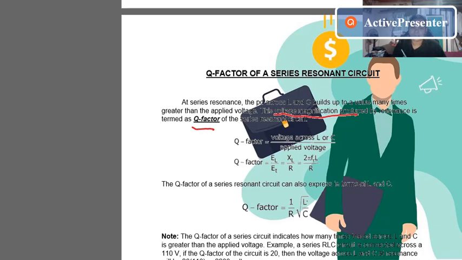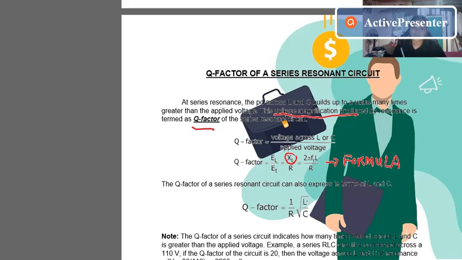To simplify, Q factor is equal to EL divided by ET, or XL divided by R, or is equal to, since XL as we all know from our last topic is 2 pi FRL, 2 pi FRL divided by R. So take note of our important formula.